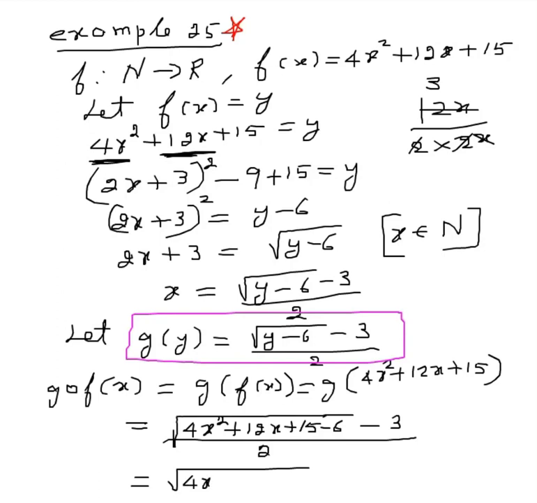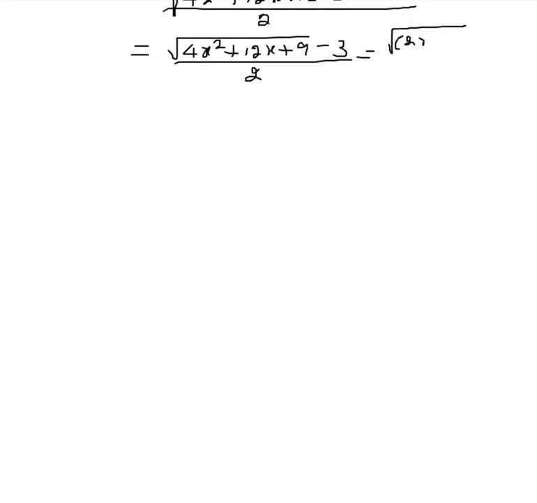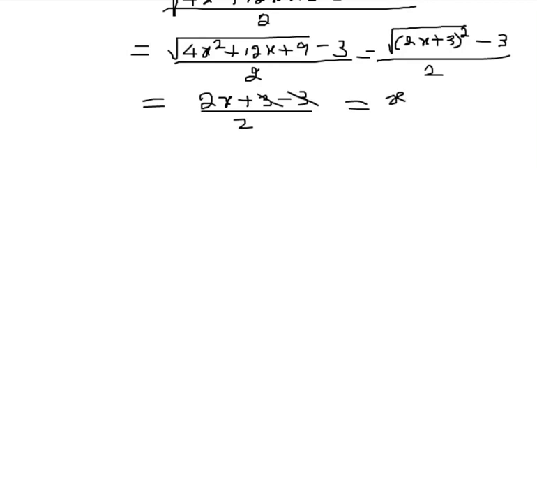Root of 4x squared plus 12x, and 15 minus 6 is 9, which is a perfect square. I can write this as 2x plus 3 the whole square. Square and square root can be cancelled. We get the answer x.